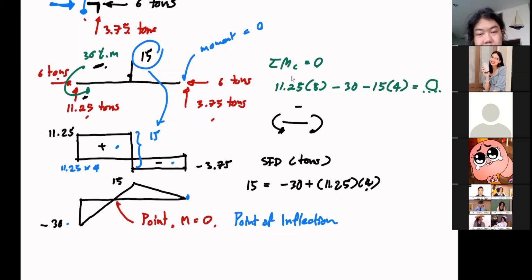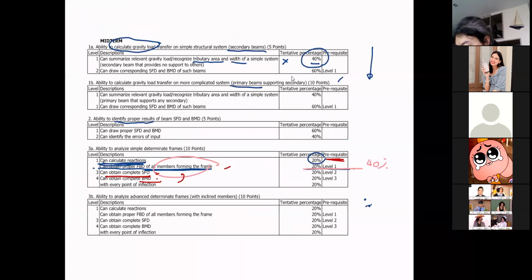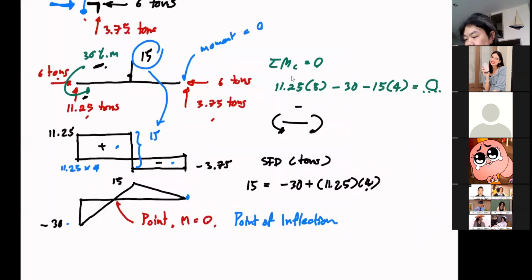Okay. So if you go back to my description here, with every point of inflection, now, a long time ago, I used to weigh the points for the calculation of point of inflection very heavily, like 20%. But I changed that a little bit and I weighed it down to a minimum because it is not generally required of you to do so in the calculation, because you can always ask the computer program to do it.